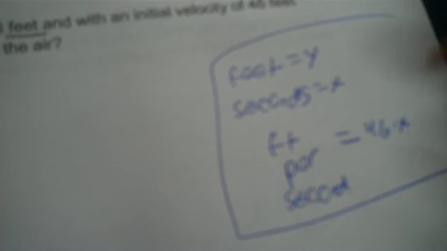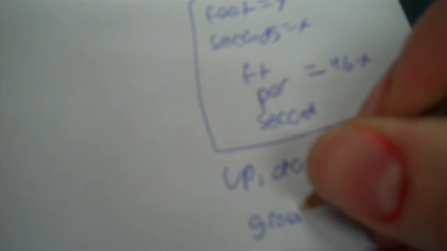Seconds is x, feet is y. So the feet per second is 46. 46 times x. So this discus goes up and it comes down, pulled by the force of gravity. Gravity is negative 16x to the second. Okay.